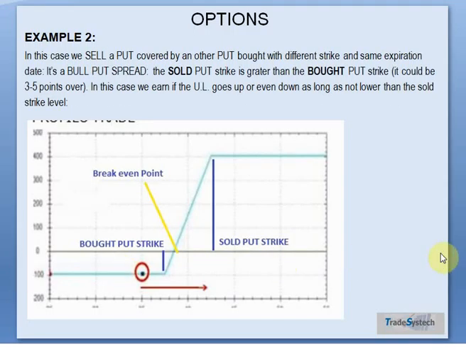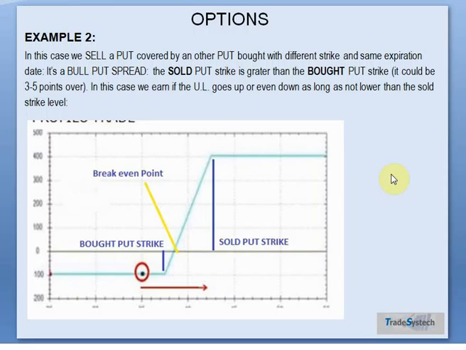So once again, we sell a put covered by another put with different strike and same expiration date. This is also a vertical spread. It's called bull-put spread, where I have a bullish bias. Again, there is a difference in strike between the sold put and the bought put.